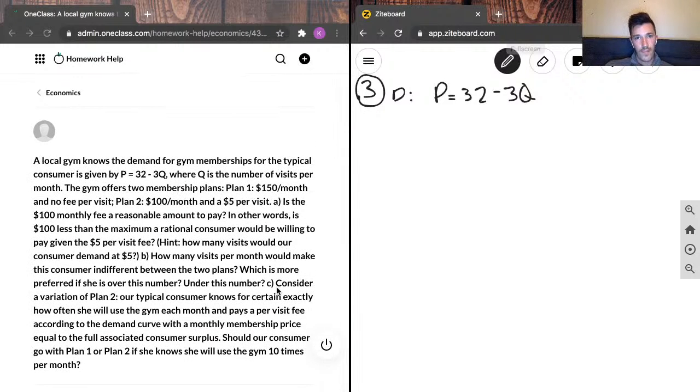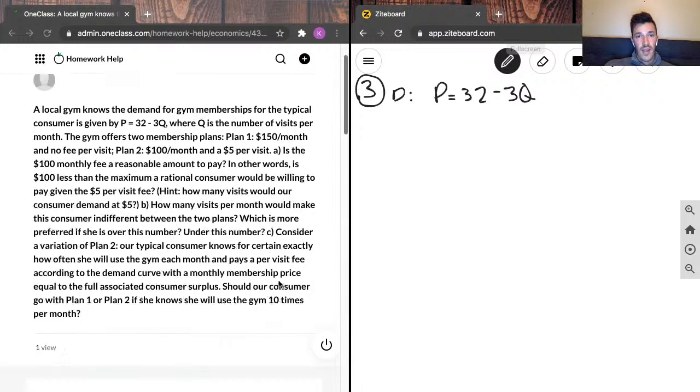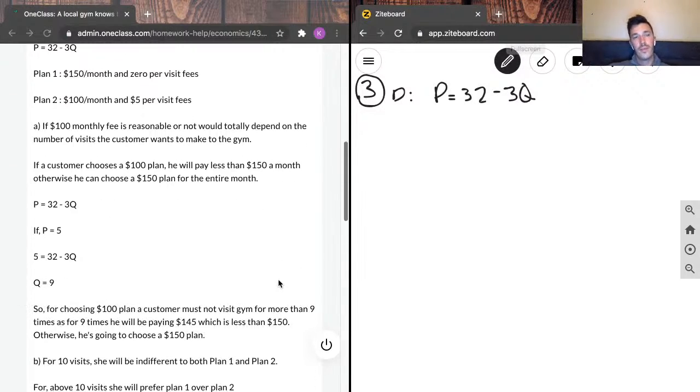Question A read, is $100 monthly fee a reasonable amount to pay? As our junior tutor said, if $100 monthly fee is reasonable or not would totally depend on the number of visits the customer wants to make to the gym. If the customer chooses a $100 plan, he will pay less than $150 a month. Otherwise, he can choose a $150 plan for the entire month.